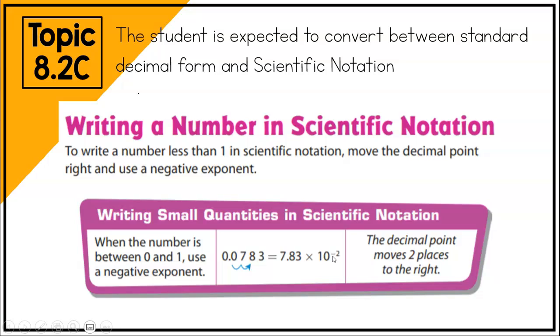And it's negative because we started off with a small number this time. It's telling us that they moved the decimal 2 places to the right. If you notice by the blue arrow, they moved it 2 spaces to the right, and that correlates with our negative 2 exponent. 2 times to the right, negative 2.